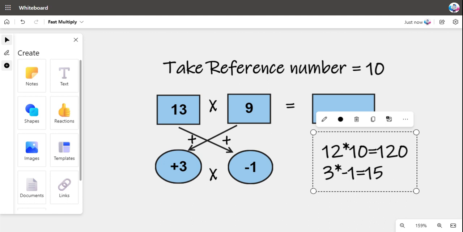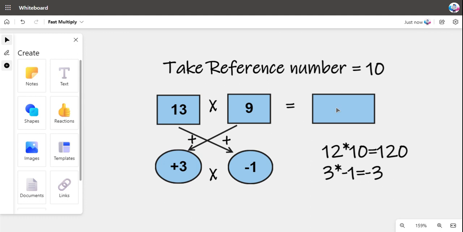I have put minus 1 because 9 is smaller than 10, so we have a negative here. Plus into minus is minus, so minus 3 will be the output. Now 120 minus 3 is 117. So this will be the output of this multiplication, friends.